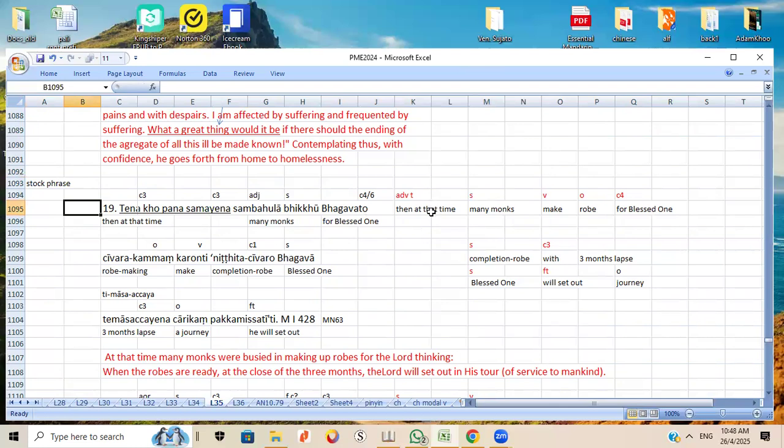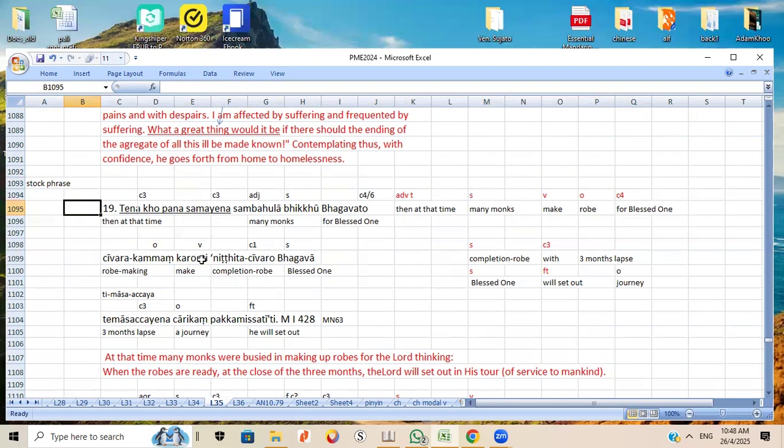Okay, in this case, can you see Bhikkhu is plural, Bahu is singular, Bahula with a long A, that means Sambahula, many monks. This is an adjective to this, many monks. Then, Bhagavato Chivara Kamang Karoti.